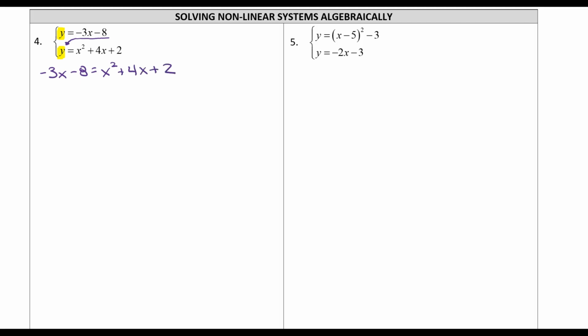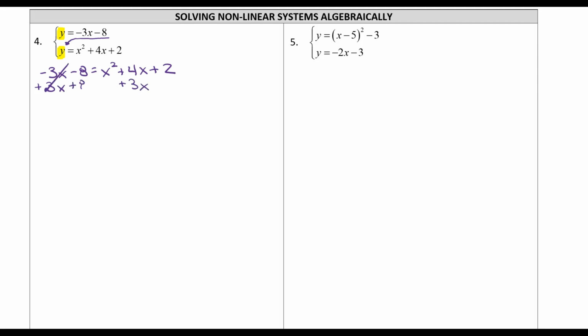Now this is a quadratic, so in order to solve it, I'm either going to factor, or use the quadratic formula, or complete the square. Most of those methods need it to equal 0 first. So I'm going to clean this equation up by adding 3x, and I'm going to add it over here to the 4x. So now that's 0.